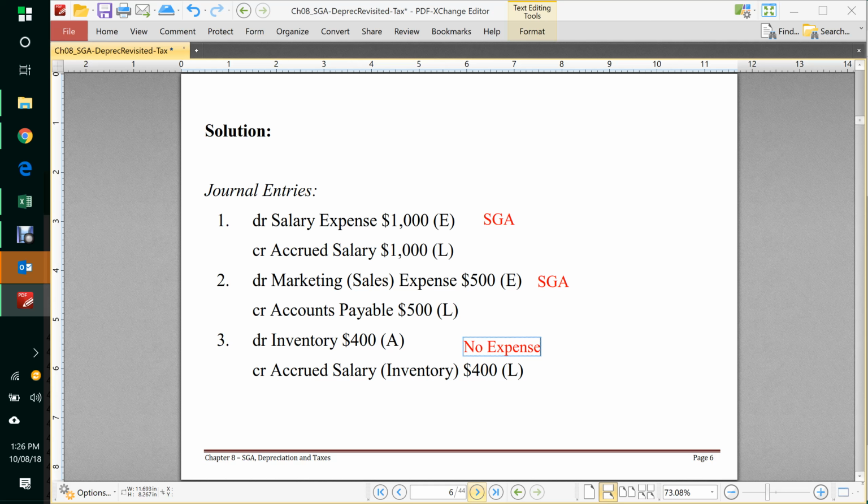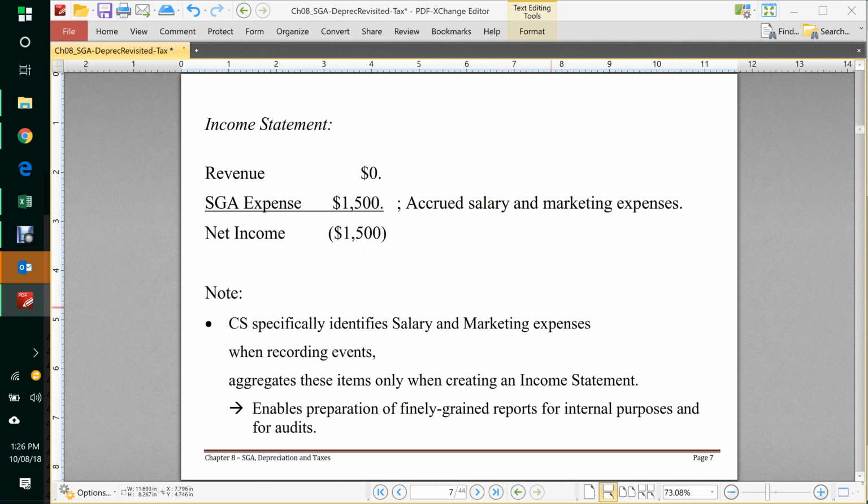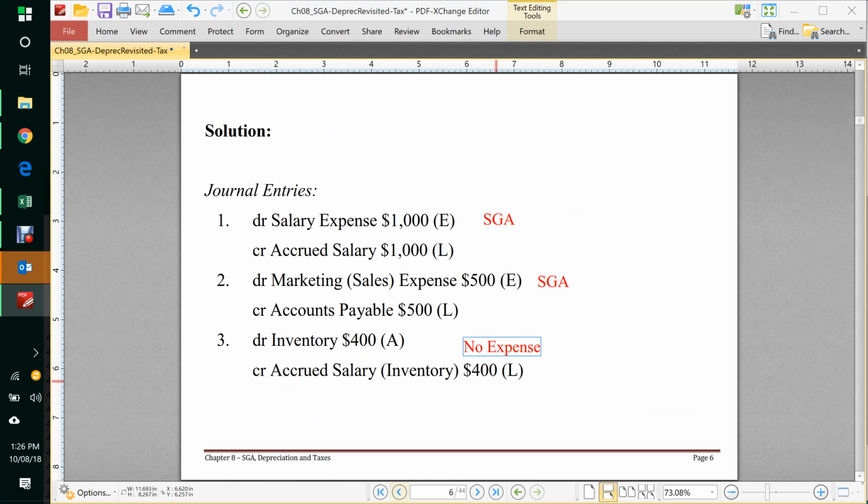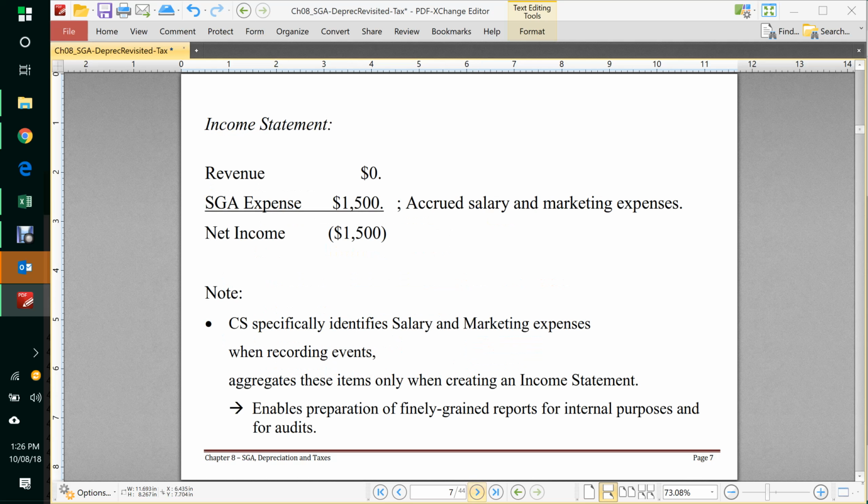Okay, so let's see what the income statement can look like when we put as much SG&A in there as possible. All right, so in this period, the revenue was 0, and we could put all of the expense items. There were only 2, but we could put them both into SG&A, the 1,000 in salary and the 500 in marketing expense. So if we're choosing to put all those expenses in one big SG&A bucket, this is how it would look, SG&A expense.